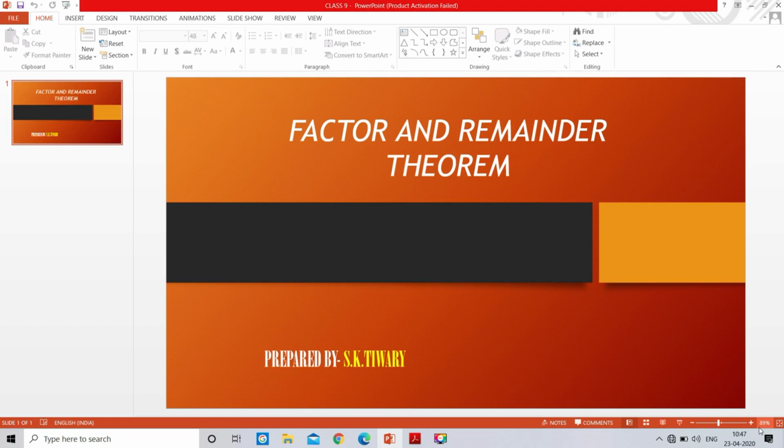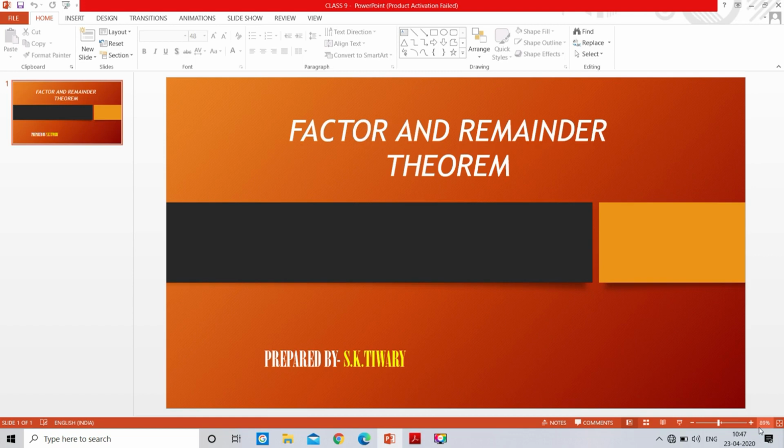We also studied the classification of polynomials as per the degree, like constant polynomial, linear polynomial, quadratic polynomial, cubic polynomial and biquadratic polynomial.